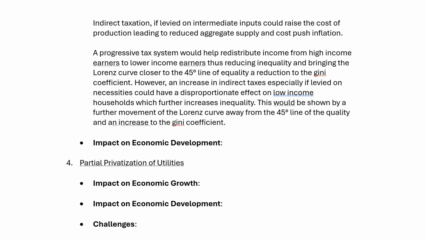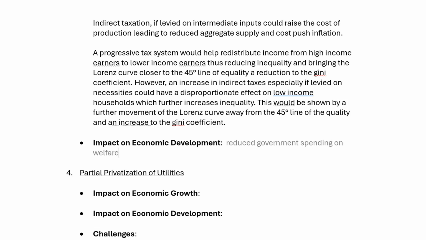Okay, so that's the impact on economic growth. Now, the second bit here about the impact on economic development, I would say something like reduced government spending on welfare programs could exacerbate poverty.